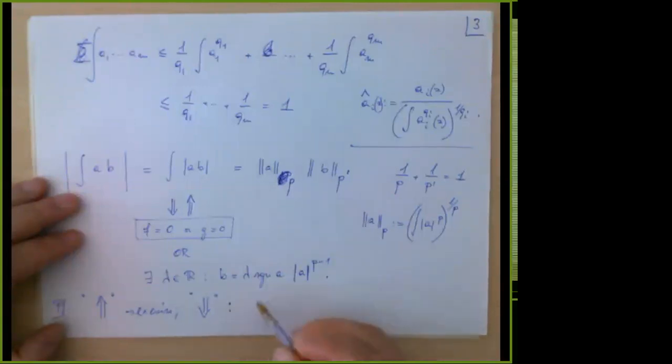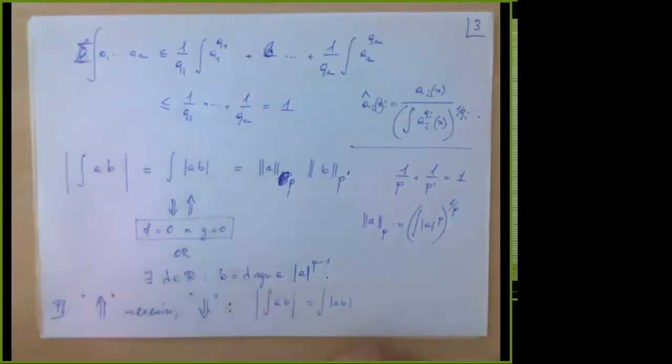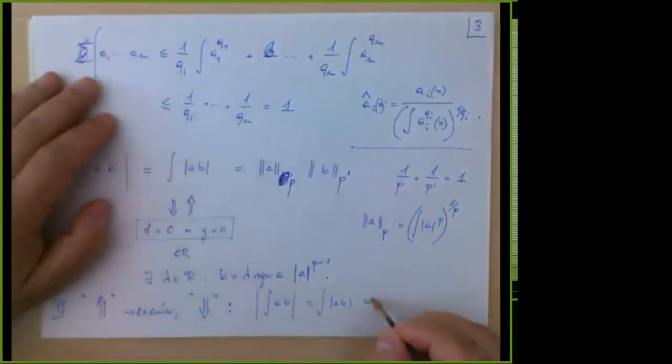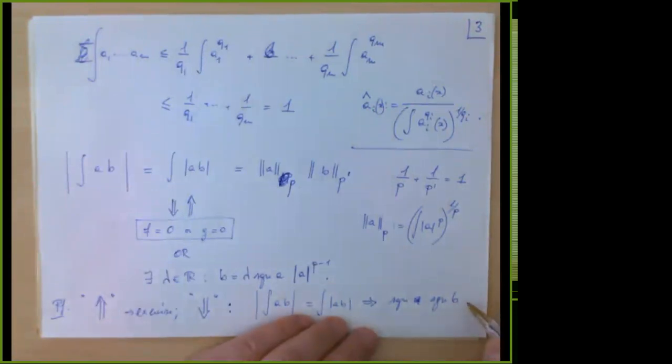So the first observation is the following: if you have that the integral of the absolute value of AB is equal to the integral of AB, then this implies that the sine of A multiplied by the sine of B is actually a constant, a constant that I call alpha.